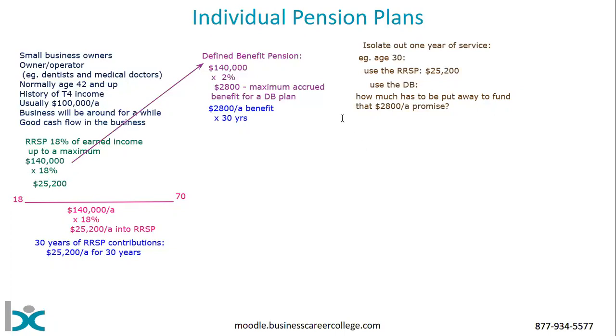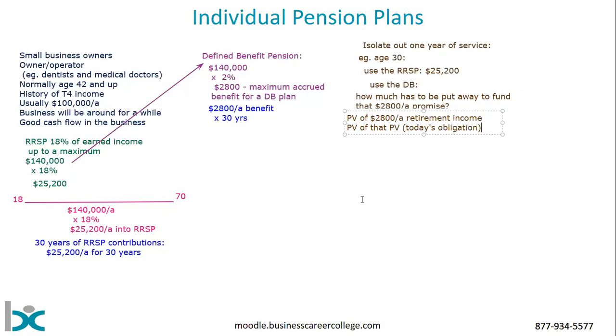Well, really what you're going to do here, you do a couple of present value calculations. You do a present value of a $2,800 annual cash flow in retirement. And then you do the present value of that present value, and that tells you today's obligation.